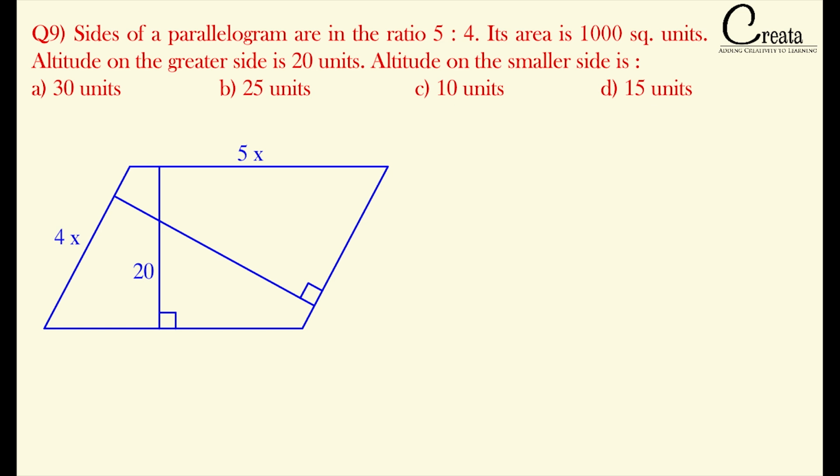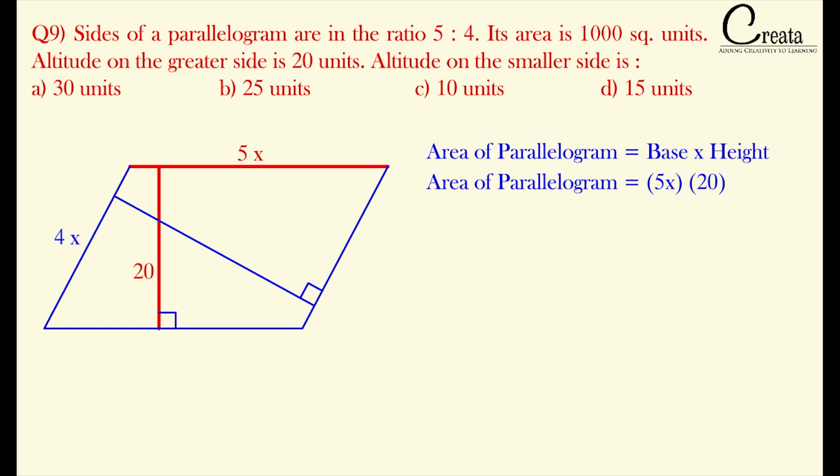Let's approach the question. We know the area of the parallelogram is base into height. If we assume 5x, that is this side, as the base for this parallelogram, then this distance will be the altitude for this base. So we got the area of this parallelogram is equal to 5x into 20. Further, the area is given as 1000. So let's put the value.